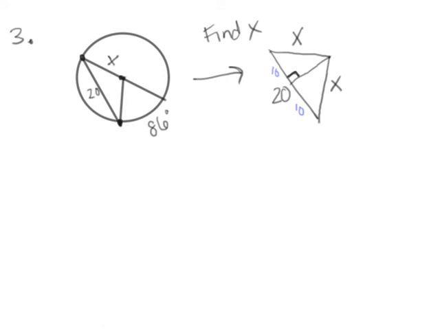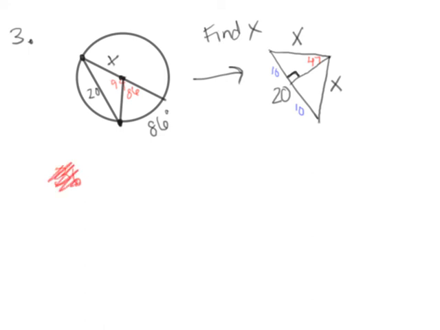Let's go through the process of getting that angle. If this is 86 degrees, then this whole piece right here must be 94. Because central angle is going to be the same, so that's 86, so this is 94. 94 plus 86 will equal a total of 180. And if this is 94, then this little piece here must be 47. All right, so let me just quickly do that.